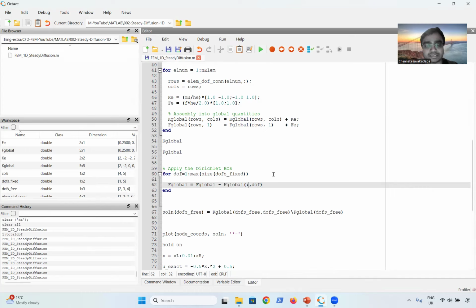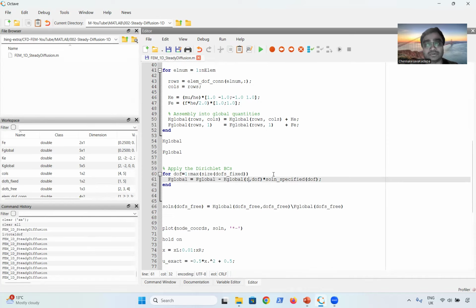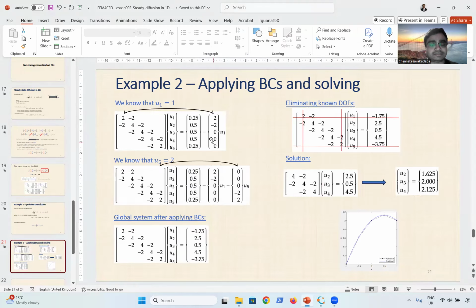Okay, so we extract all the rows corresponding to this column. That means we extract that column and we multiply it with the specified value of the corresponding degree of freedom. So by doing this, we are applying this step over a for loop for all the degrees of freedom.